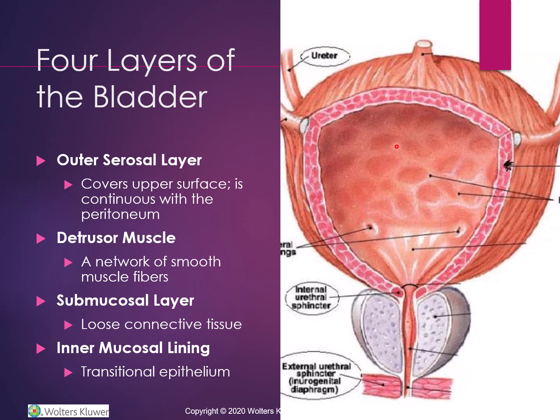Without that barrier lining, we would get osmotic and diffusion-related movement of fluid and substances across that lining if there wasn't a barrier of transitional epithelium here. So that is really important to maintaining fluid and water balance within the bladder.